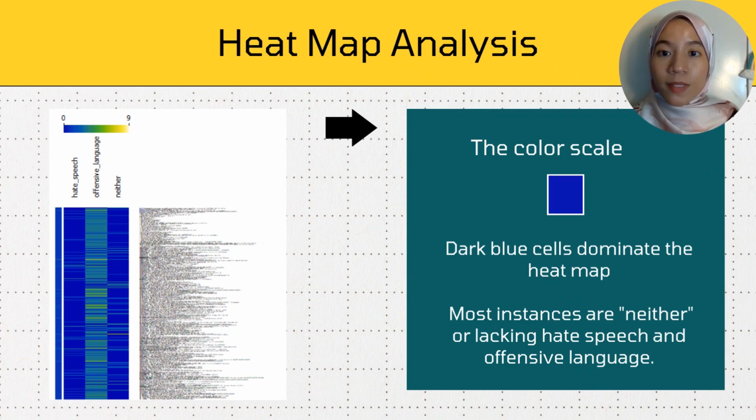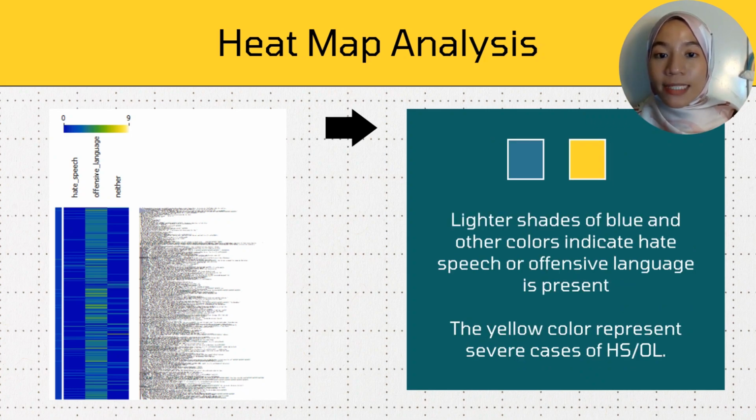So the heat map uses a color scale to represent the values in the cells. As we can see from our heat map, the color ranges from dark blue to yellow. Dark blue cells indicate instances where the text does not contain any hate speech or offensive language. As we move from dark blue to lighter shades of blue or towards other colors such as green or yellow, it indicates increasing severity or the presence of hate speech and offensive language.